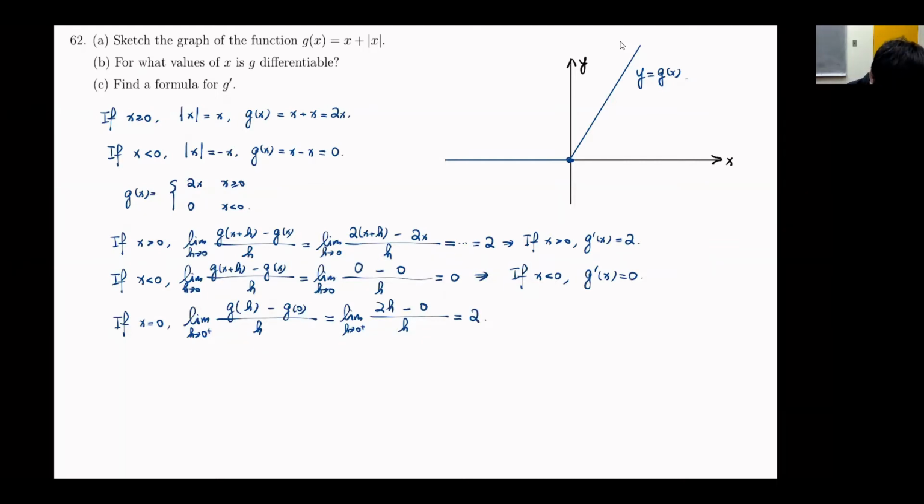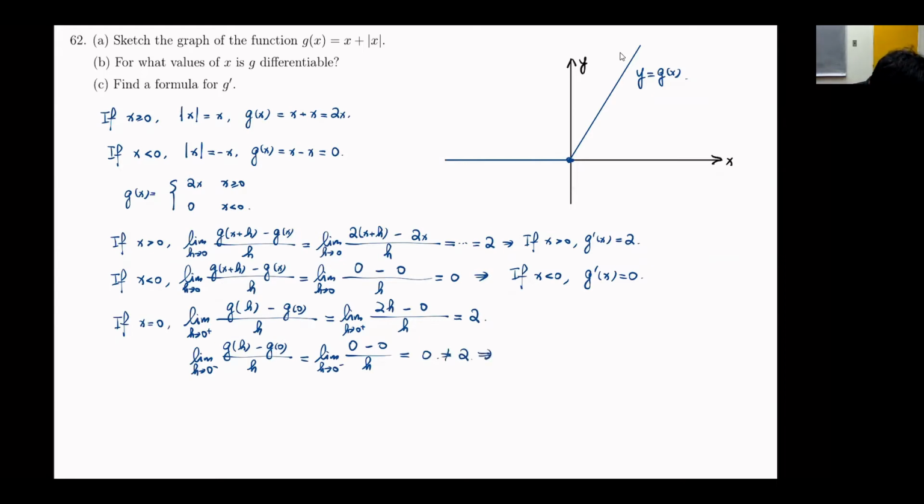But on the other hand, if the limit is taken from the left-hand side, then h is less than 0. And in this case, we know that g of h is going to be equal to 0. So again, we have 0 minus 0 over h, and the answer will be 0. So now you can see that this left-hand limit does not equal the right-hand limit.